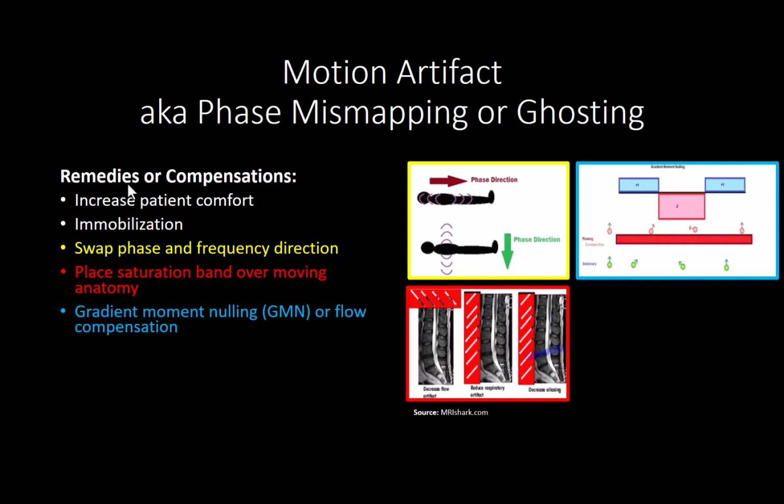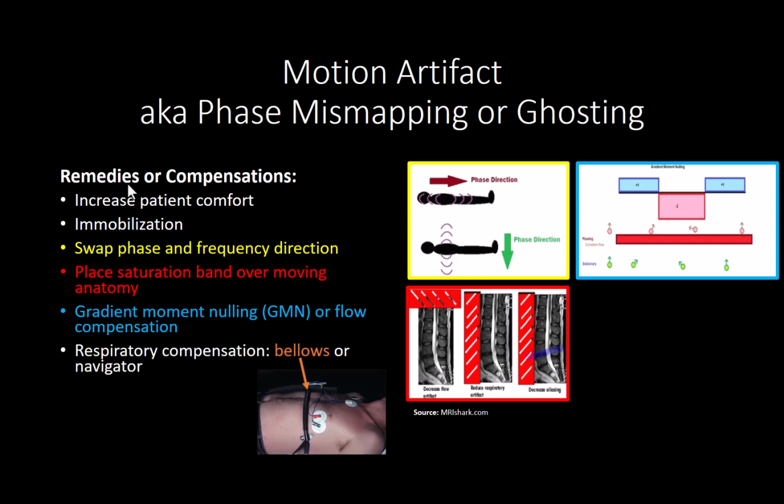This is just a bipolar gradient system to put flowing spins back in phase with stationary spins. You can select either in-plane or frequency mode, or through-plane or slice mode. In-plane or frequency mode helps to compensate for motion along the frequency axis, whereas through-plane or slice mode helps to compensate for motion along the slice direction.